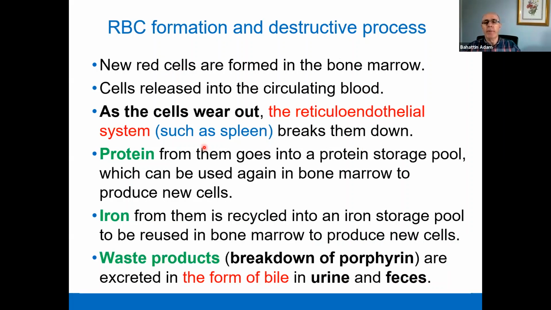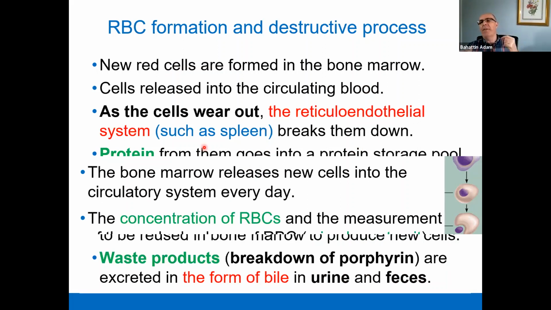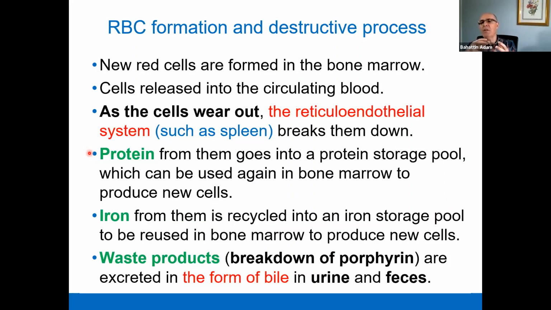Okay, as I said, red cells are formed in the bone marrow. Cells are released into circulating blood after they mature. As the cells wear out at the end of their life, the reticuloendothelial system, such as the spleen, breaks down the cells, and the protein part of the cell goes into the amino acid pools, which can be used again in the bone marrow to produce new cells.